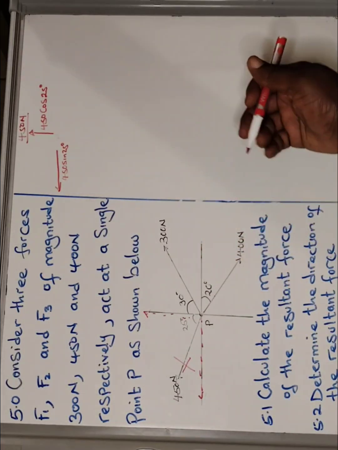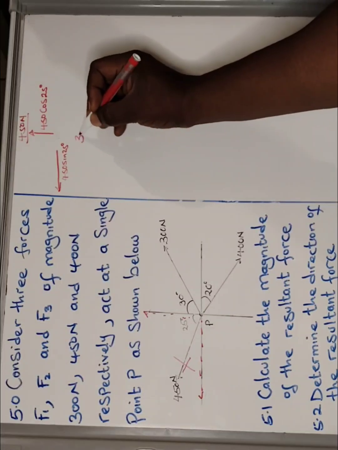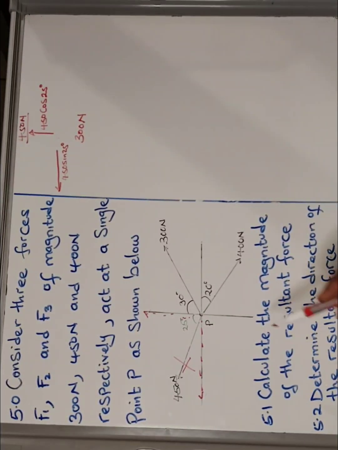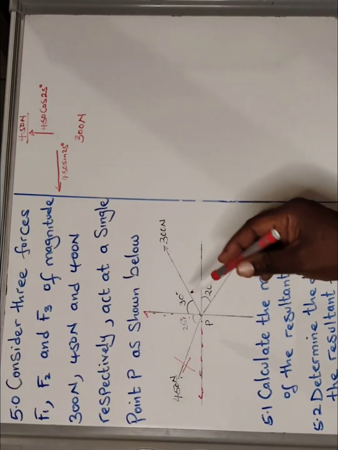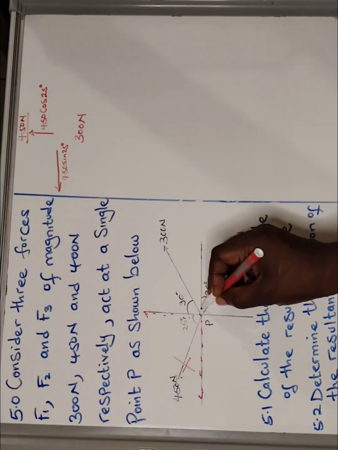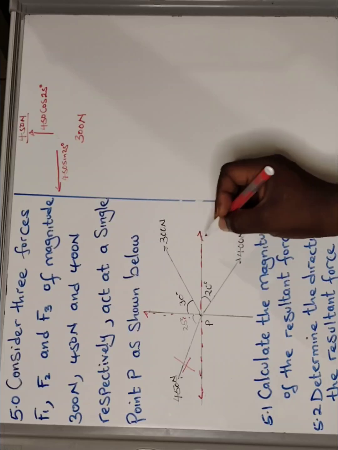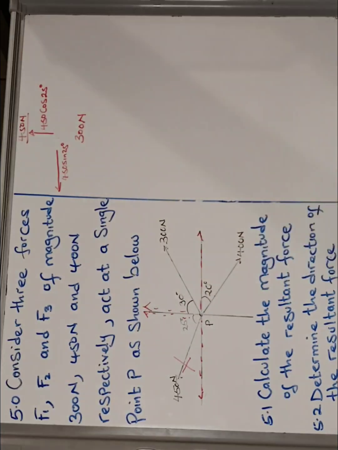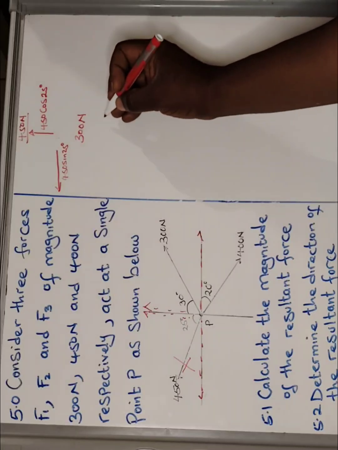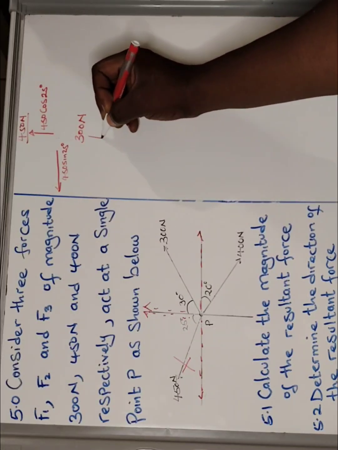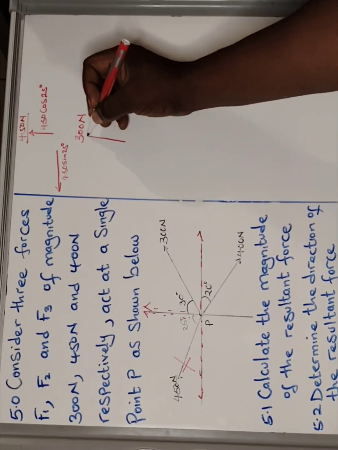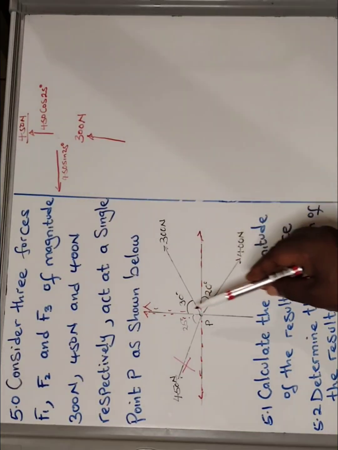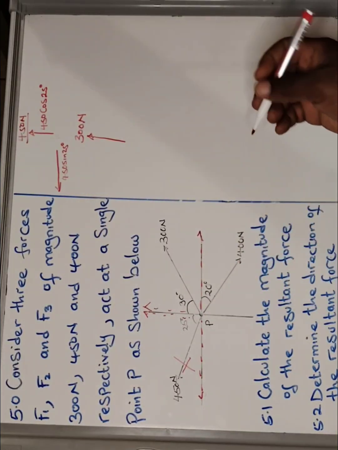Then we come to the 300 one. When you look at it, it has two components, one here and one there. The one which is here is the one next to the angle, so it's a cos.